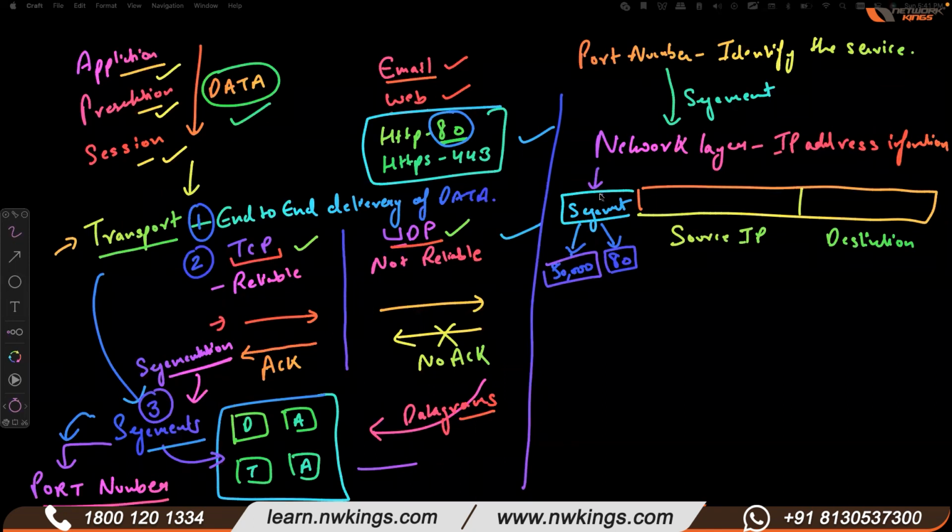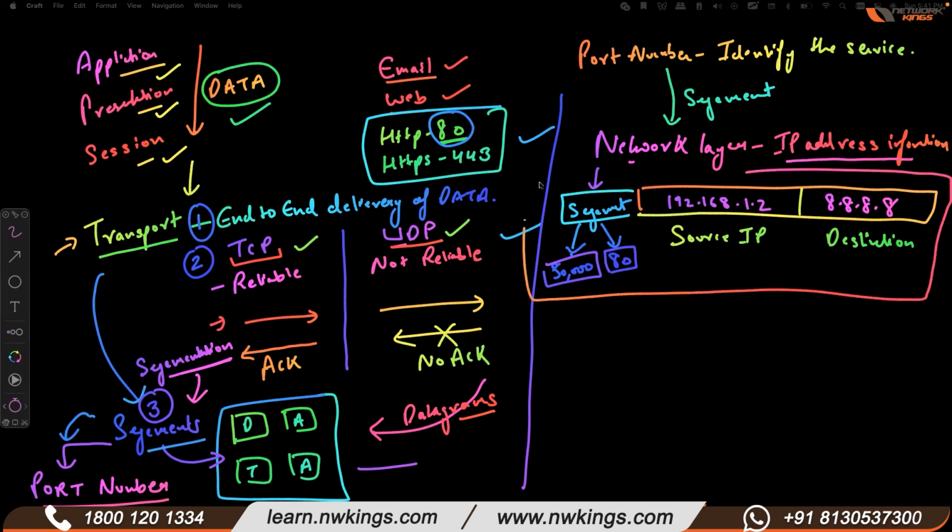Now the segment will have extra information where we add my computer's IP address 192.168.1.2, and then you put down your destination IP, maybe google.com 8.8.8.8. So simply the network layer adds the IP information, and this whole thing, IP address plus segment combination, is called a packet.